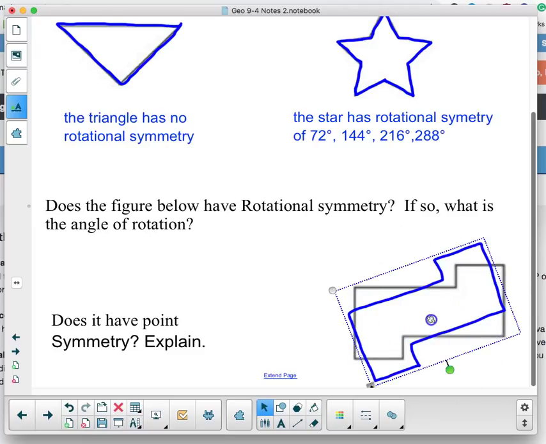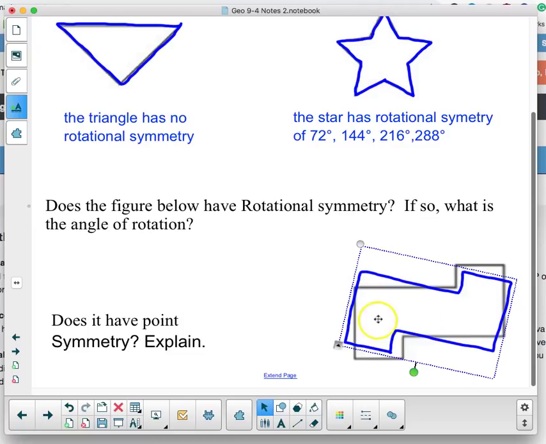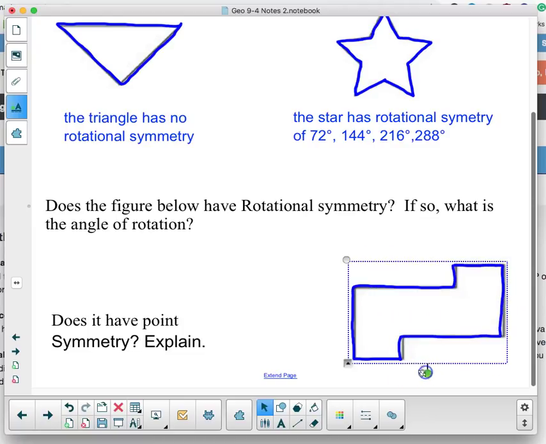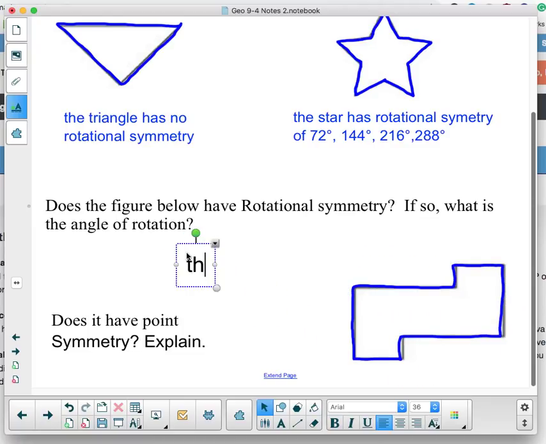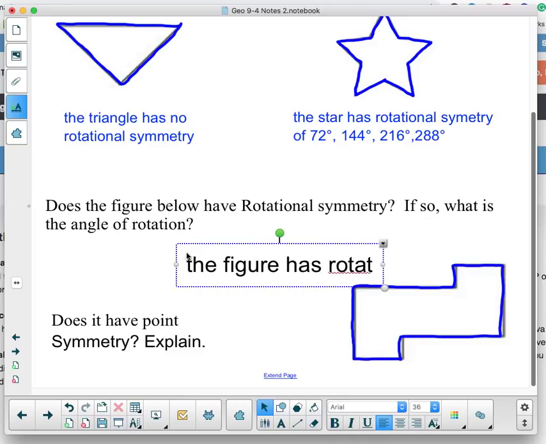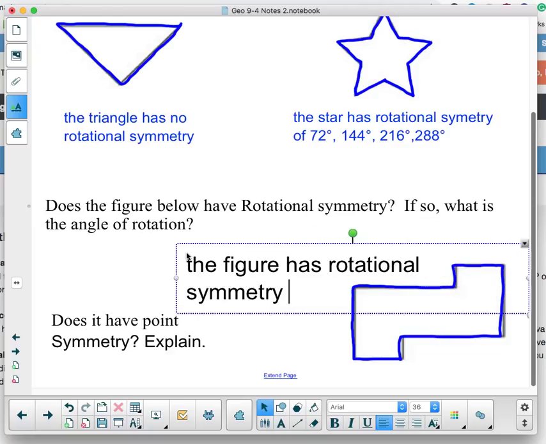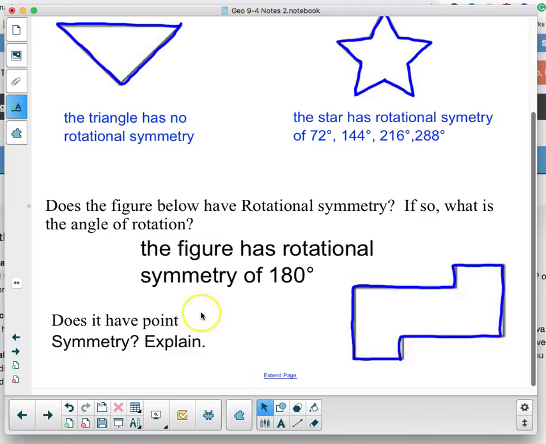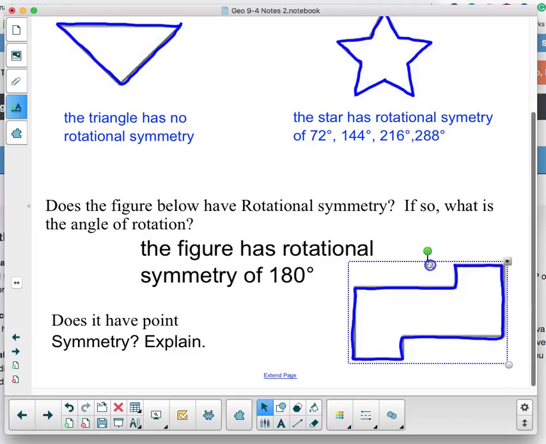So this has rotational symmetry of 180 degrees, because I can rotate it and it comes back to itself. And that's how I know.